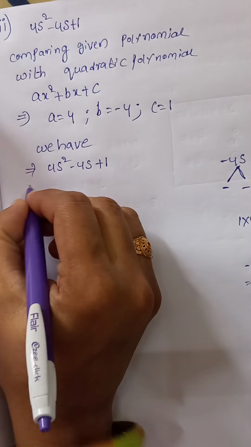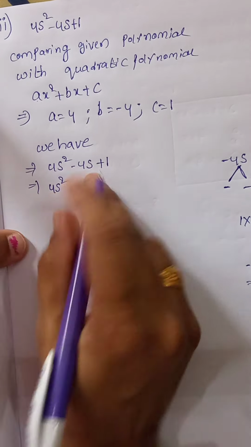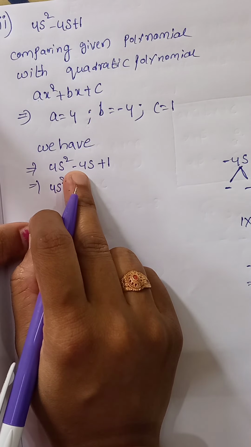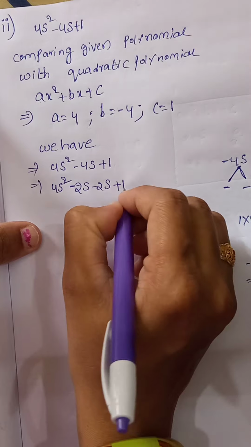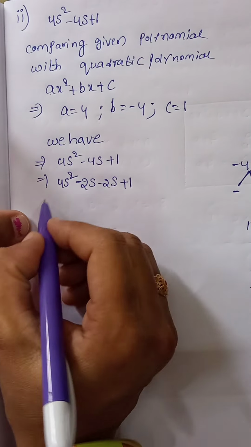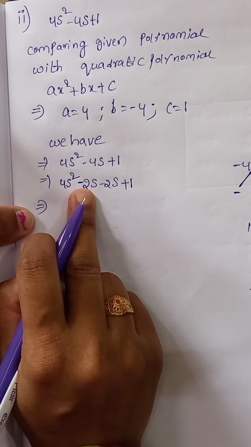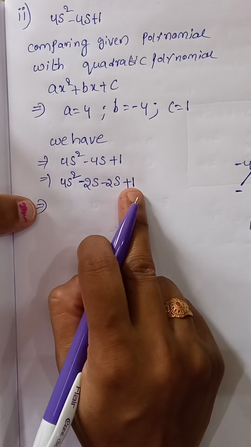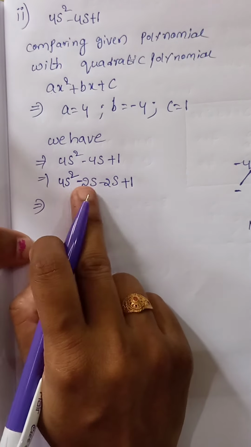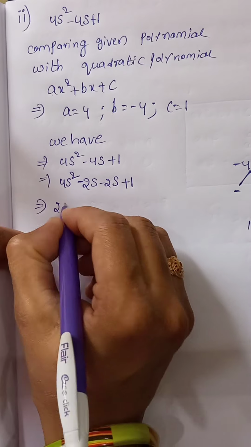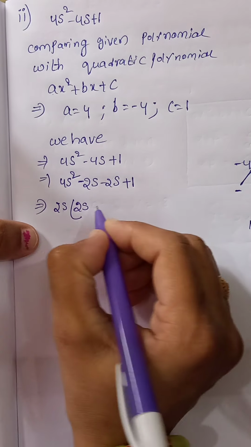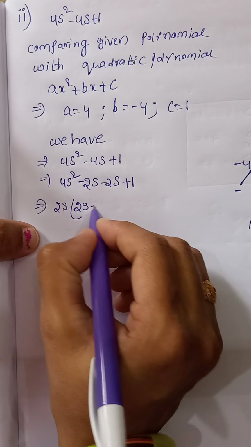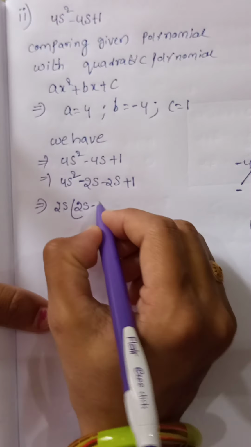So 4s square minus 4s plus 1, we can write as 4s square minus 2s minus 2s plus 1. Here 4s square and minus 2s is one pair, and minus 2s plus 1 is another pair. In these two terms, 2s is common. After taking 2s, we are left with 2s minus 1.